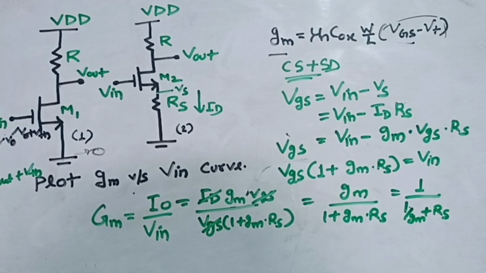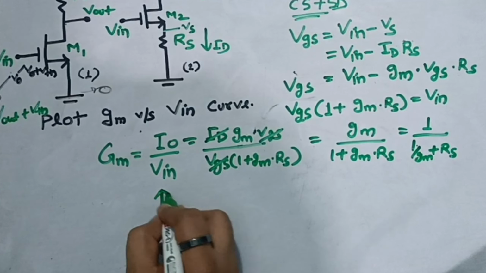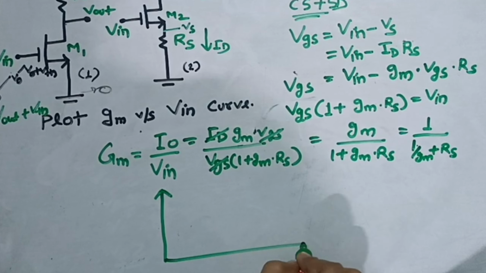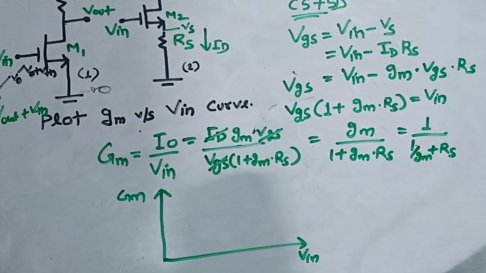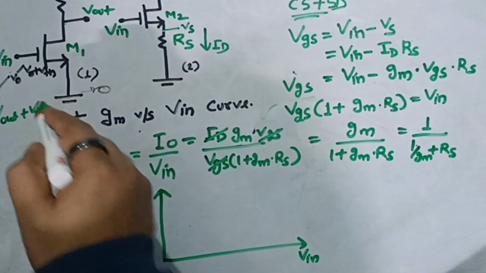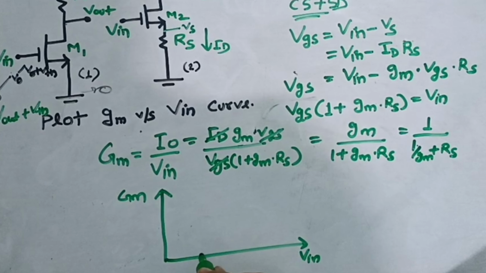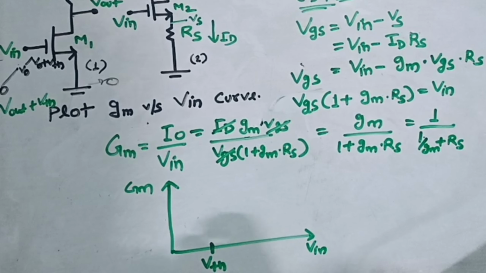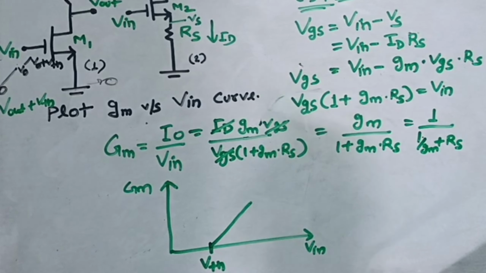Right. Now if I have to plot GM curve with respect to V in, as we saw in figure 1, once your MOSFET starts operating in saturation, that means once V in is greater than threshold voltage, GM was increasing linearly. So here also it will increase linearly.